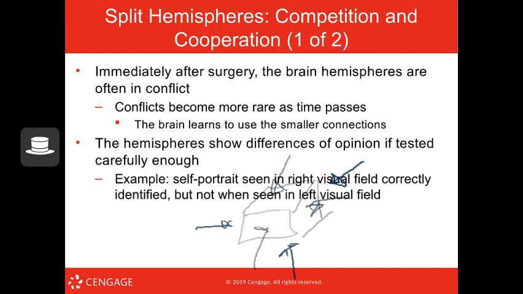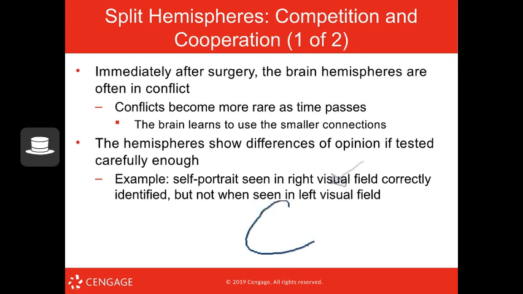Because they're seeing limited information, they're going to argue. But when you can see the full picture, you can coordinate and work together on a task. So immediately after surgery, they're like two people looking at different things where it's like, okay, well, I want to pick this up.